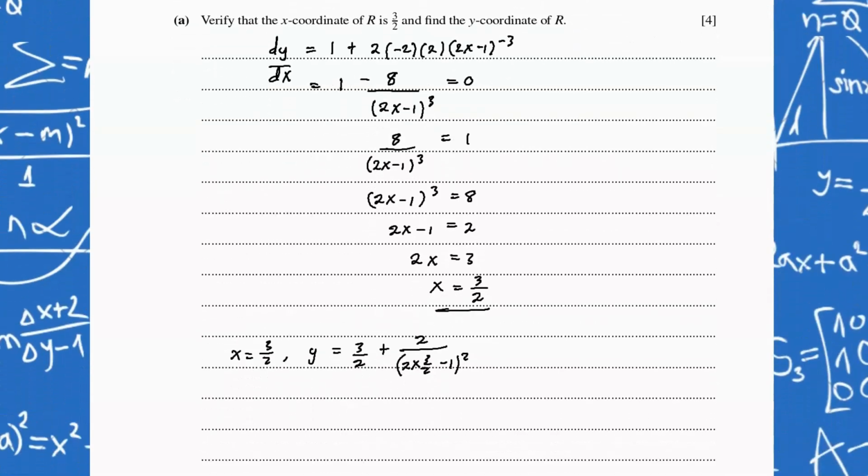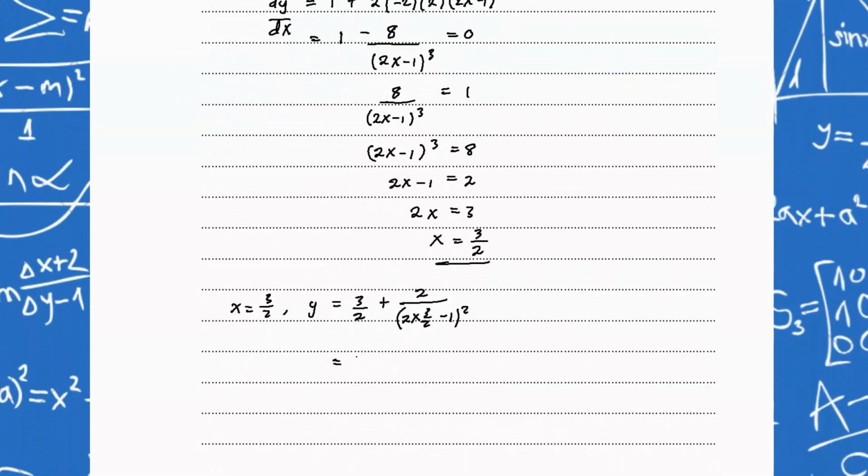So we can actually simplify this, which will be 3 over 2 plus 2 over, and 2 times 3 over 2 is 3. 3 minus 1 is 2. 2 squared is 4. So we have a 4 here. So basically a half. So 3 over 2 plus a half is 4 over 2. So we get y being equal to 2. So y is 2. So that's the y-coordinate.